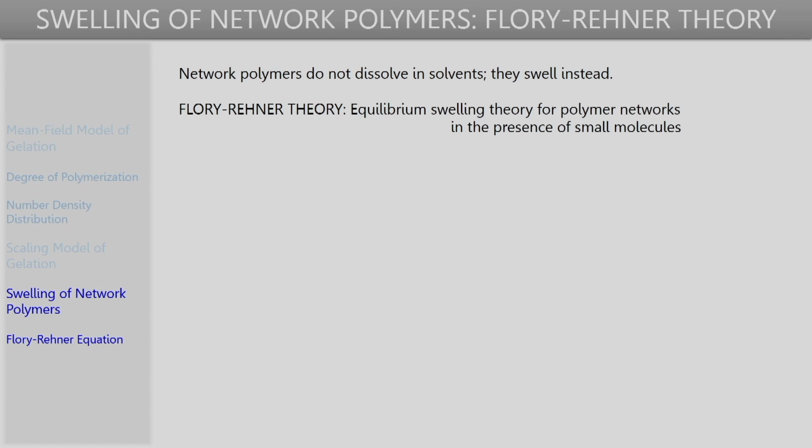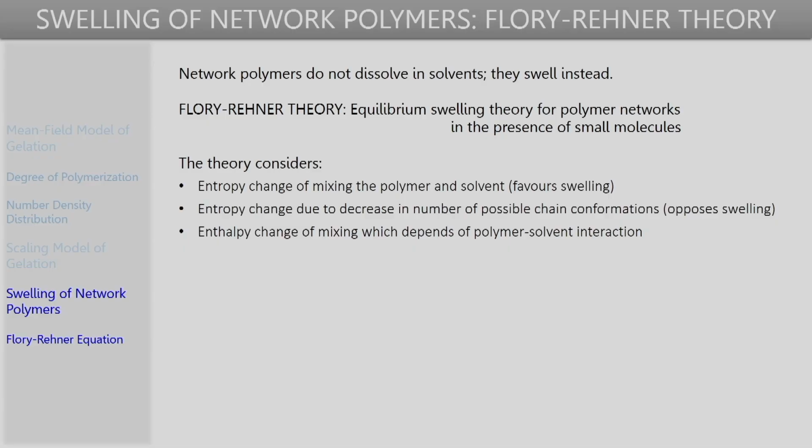A relatively simple but useful theory for describing the swelling behavior is due to FLORY-REHNER, and this equilibrium swelling theory describes the swelling of polymer networks when exposed to a solvent containing small molecules. If we add such a solvent to a network polymer, the swelling that we get is described by this FLORY-REHNER theory.